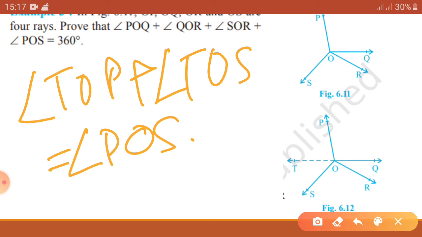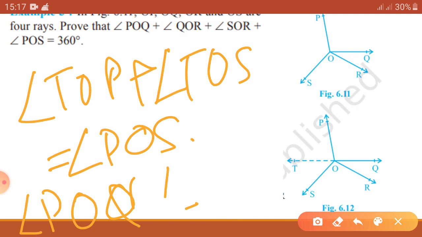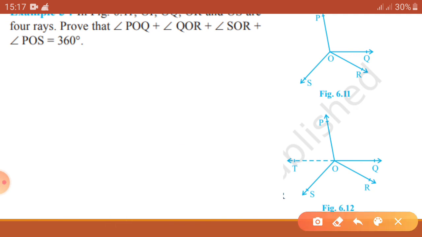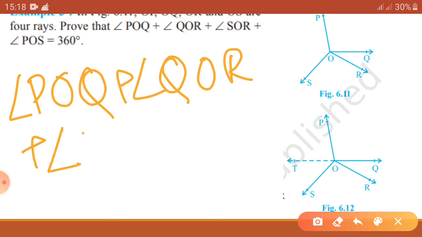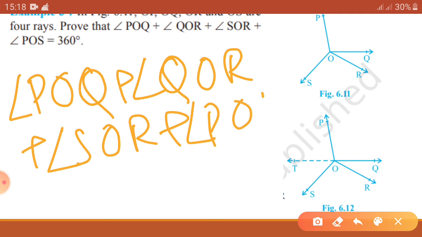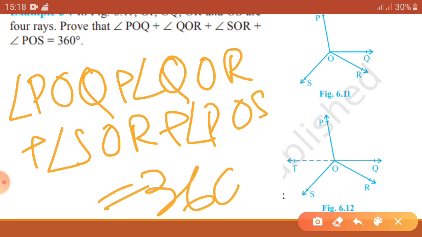So the equation becomes angle POQ plus angle QOR plus angle SOR plus angle POS equal to 360 degree. Okay, so we proved that.